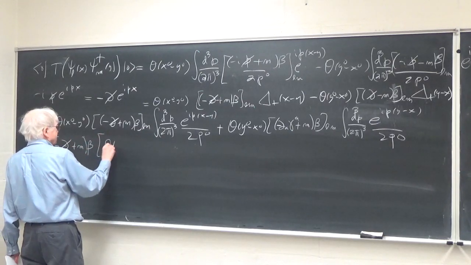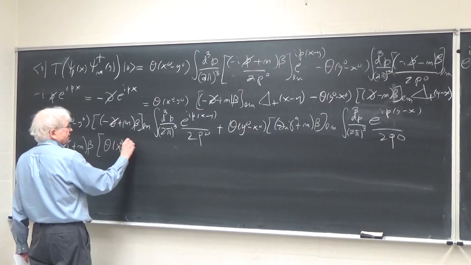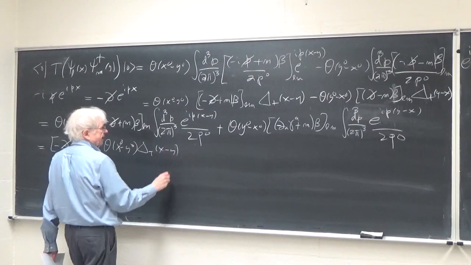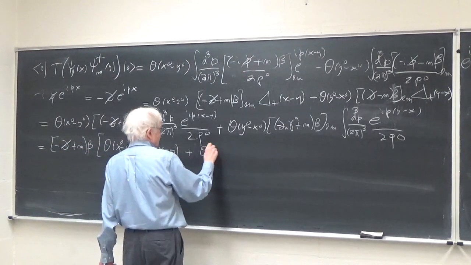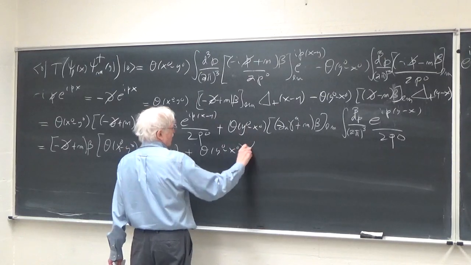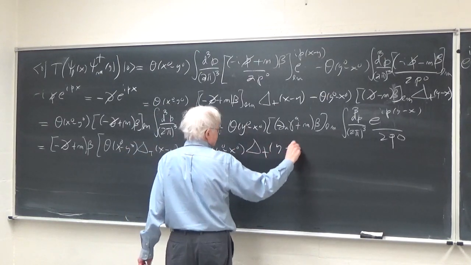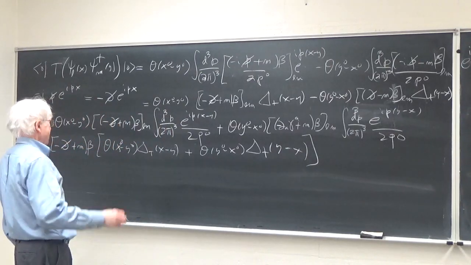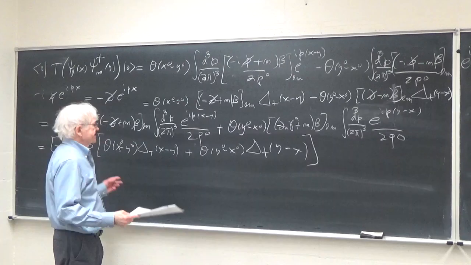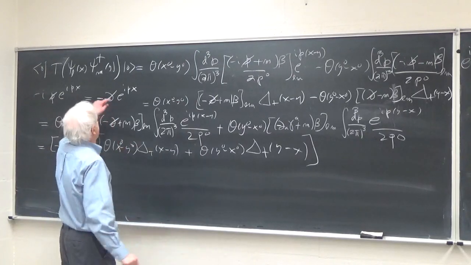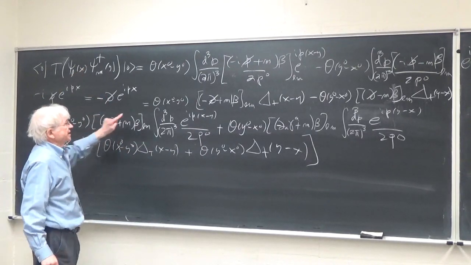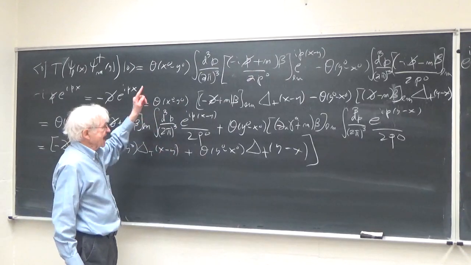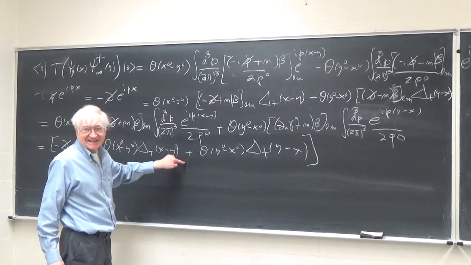Well, what we would have would be theta of x0 minus y0 delta plus of x minus y plus theta of y0 minus x0 delta plus of y minus x. Except for one thing. Remember the order here is this one to this one to that one to this one. So it's A, C, B, D.